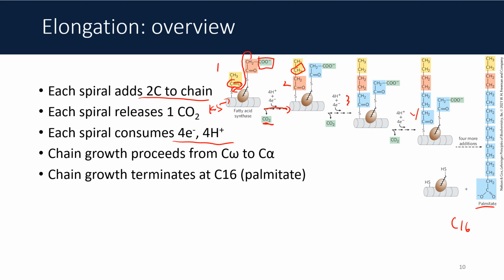At this point, the substrate has grown too big and unwieldy for the fatty acid synthase machinery, and then we're going to cut it off with TE, thioesterase. But this is fatty acid synthase in a nutshell.